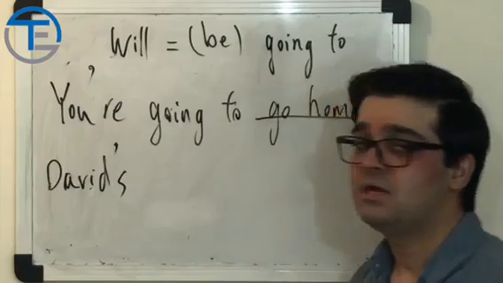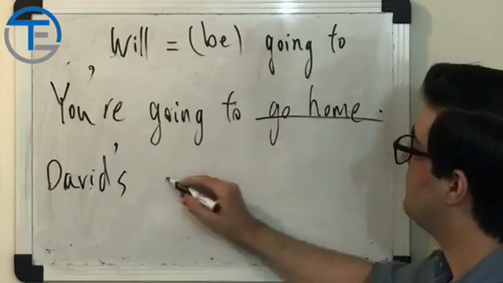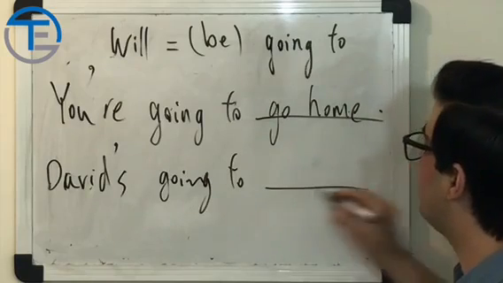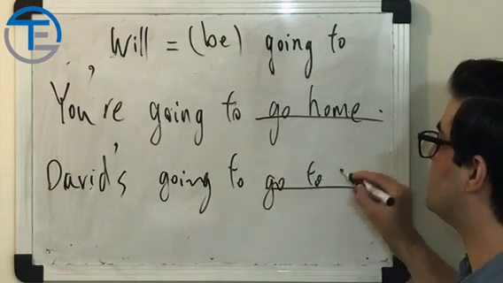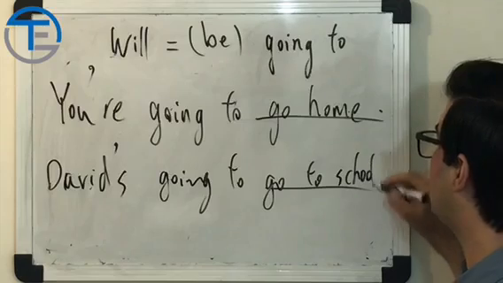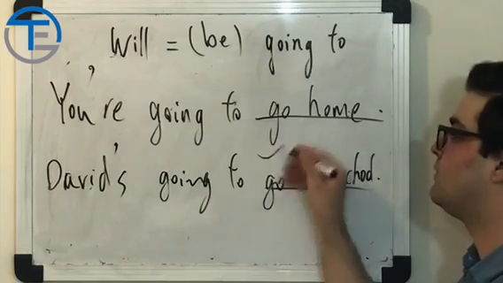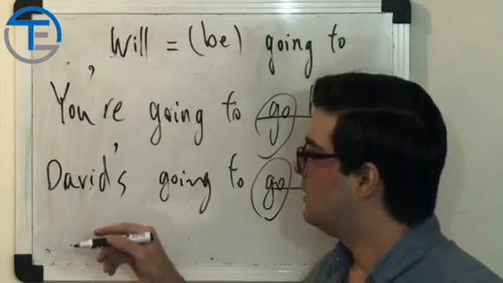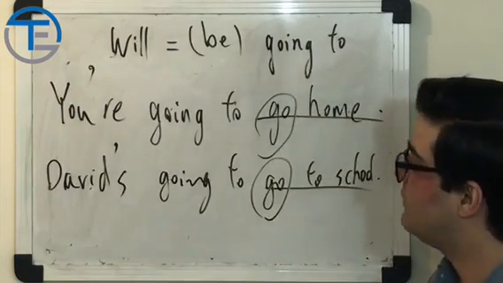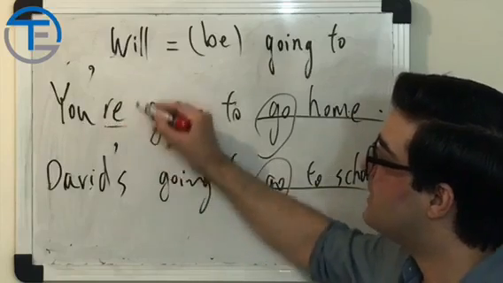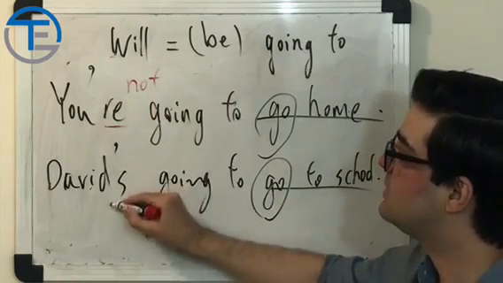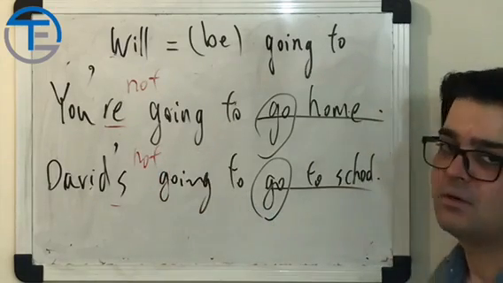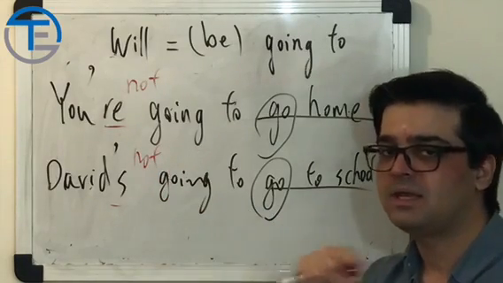Contraction is David's. David's going to go to school. Now here you can use your verb in the simple form. If you want to make it negative, you have to use not after verb be. You're not. David's not. Okay? So you can make it negative.